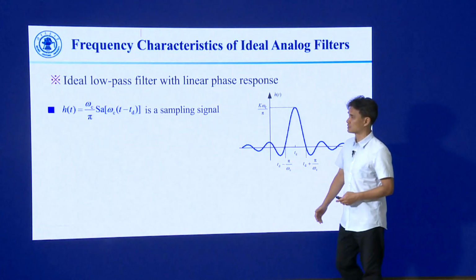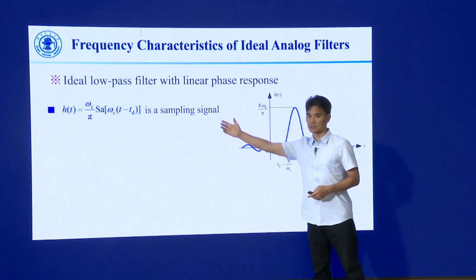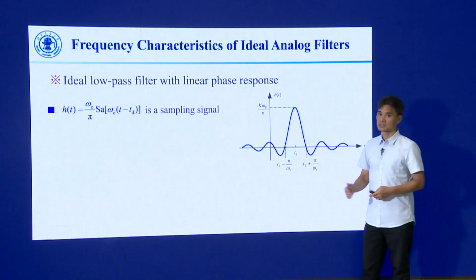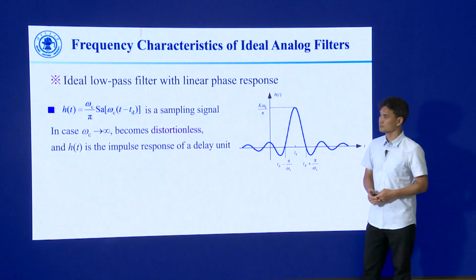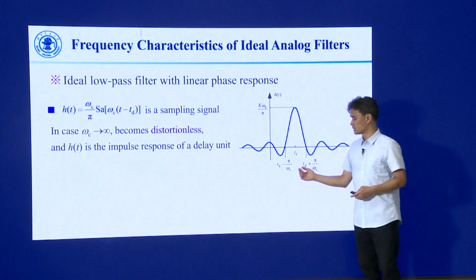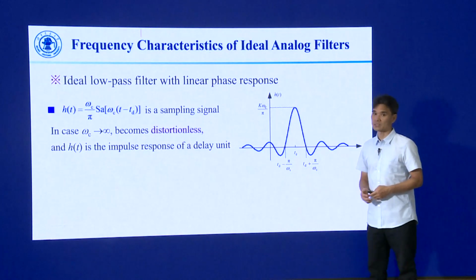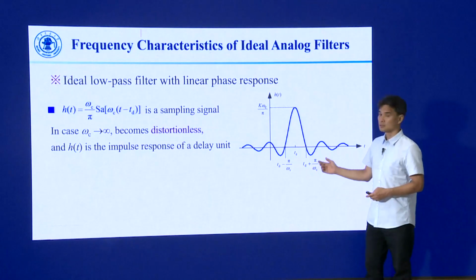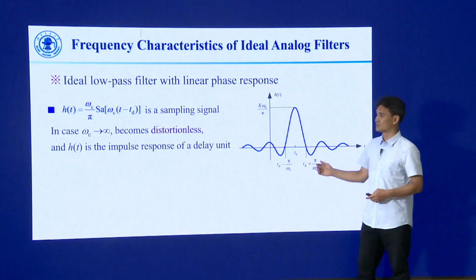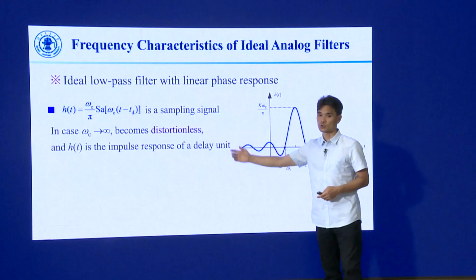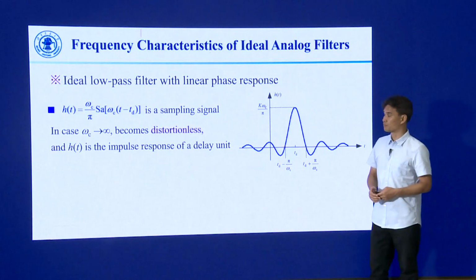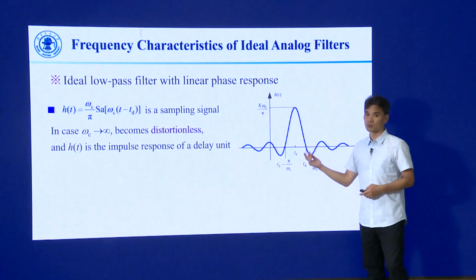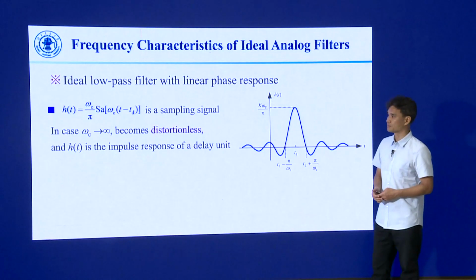We understand that the impulse response in the time domain is actually a sampling function. And in case the cutoff frequency, omega sub c, approaches infinity, then the system becomes a distortionless transmission system because the waveform will approach the delta function.